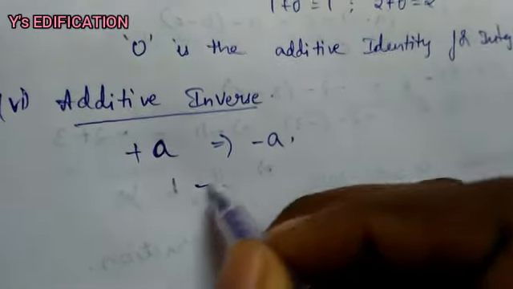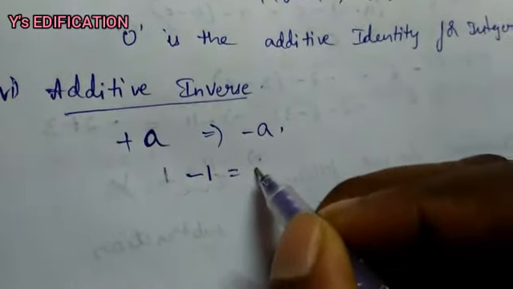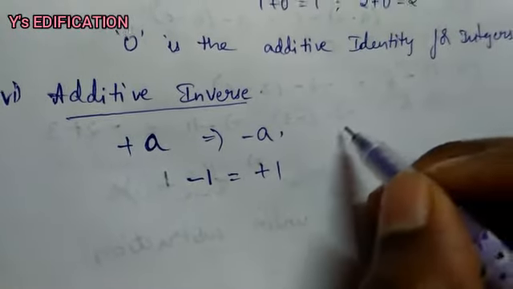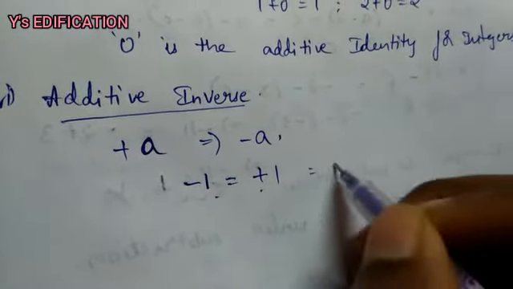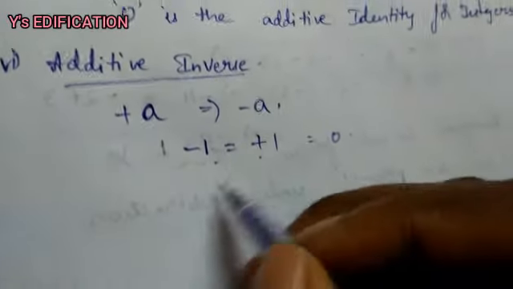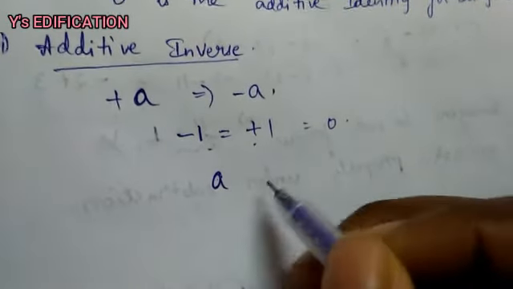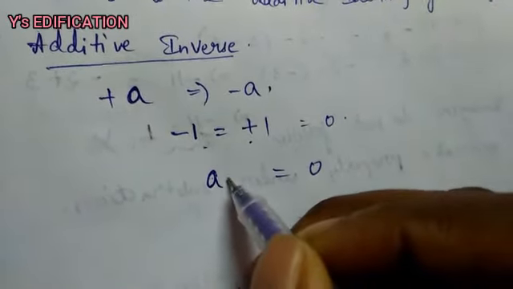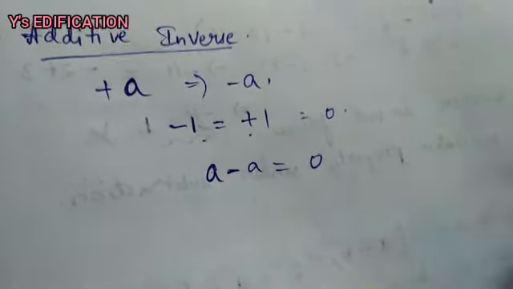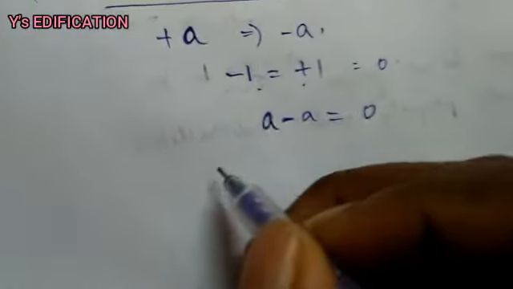Minus a. When we take minus 1, the additive inverse is plus 1. That means if we add these two numbers, the result must be 0. For example, a: what should I add here to get 0? Minus a.